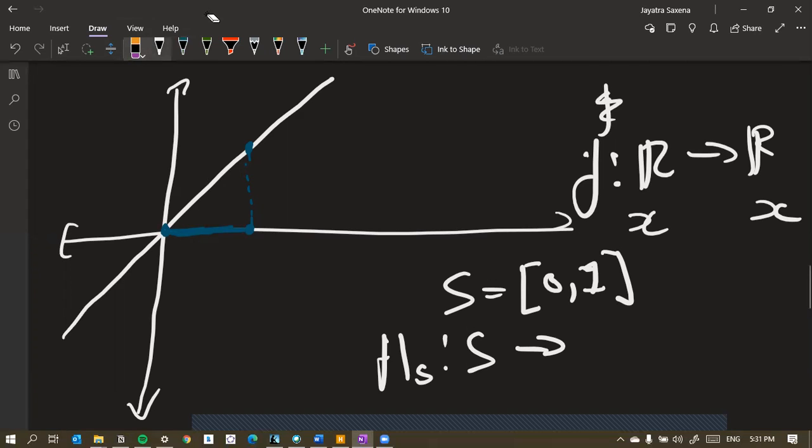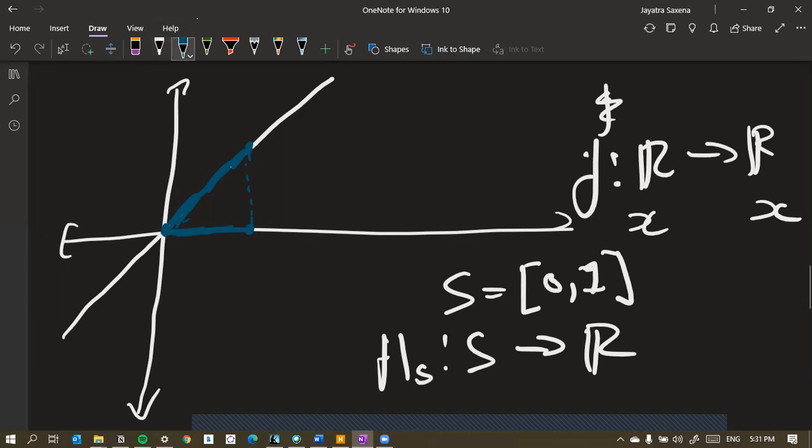Let me write it properly. So this function is just the part of f that acts on the subset S. It's just this part, going from 0 to 1 to the real numbers.